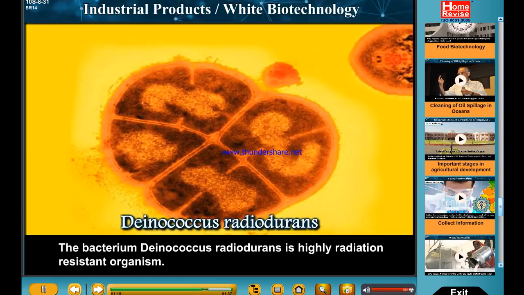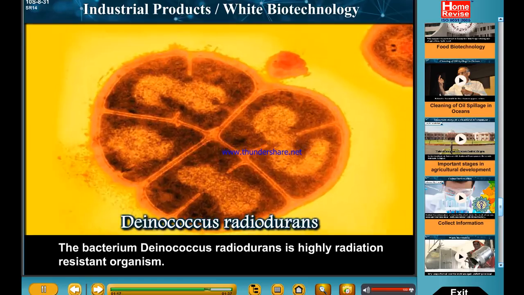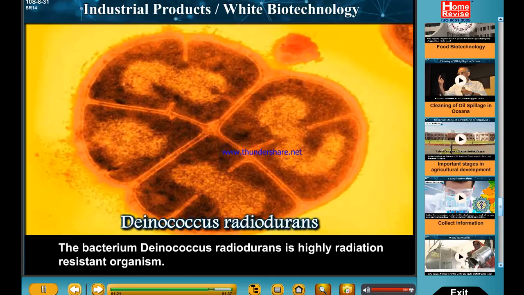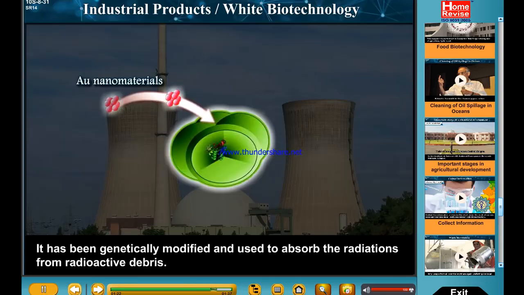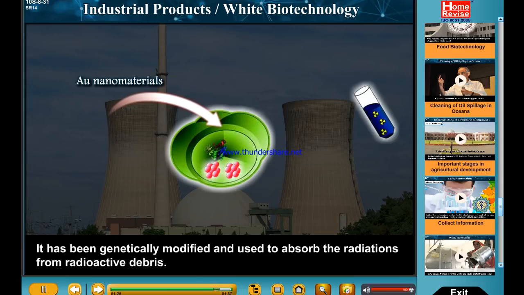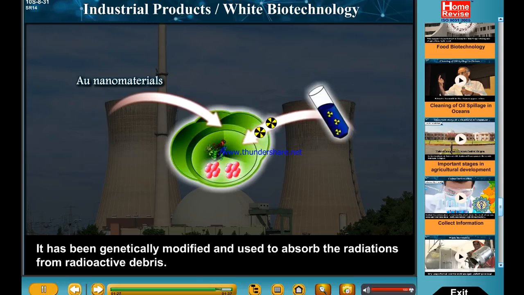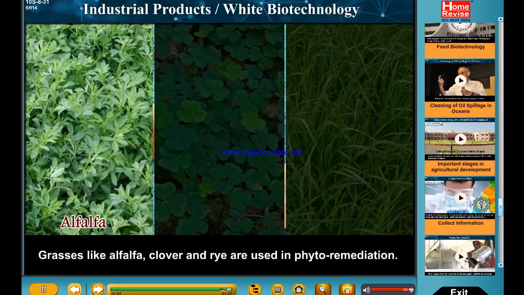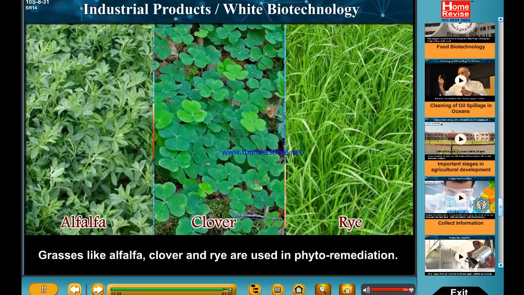The bacterium Deinococcus radiodurans is highly radiation-resistant organism. It has been genetically modified and used to absorb the radiations from radioactive debris. Grasses like alfalfa, clover, and rye are used in phytoremediation.